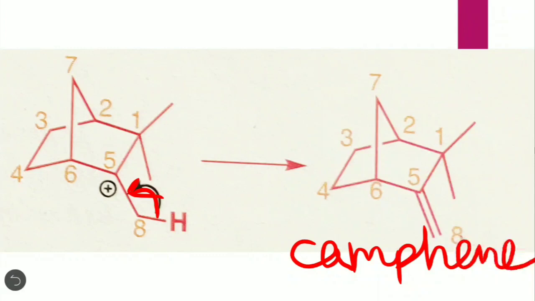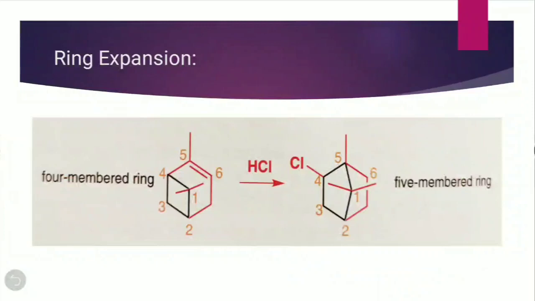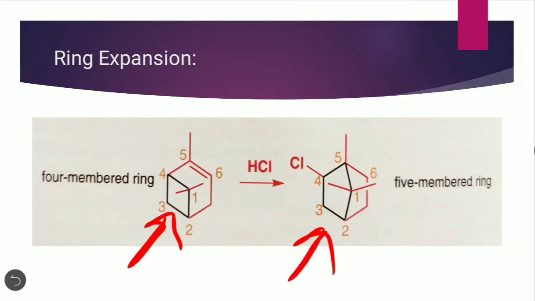The next application is ring expansion. More stable usually means more substituted, but a cation can also be made more stable if it becomes less strained. For example, this 4-membered ring rearranges to give this 5-membered ring in order to relieve strain. Here the cation is formed due to protonation of an alkene group.